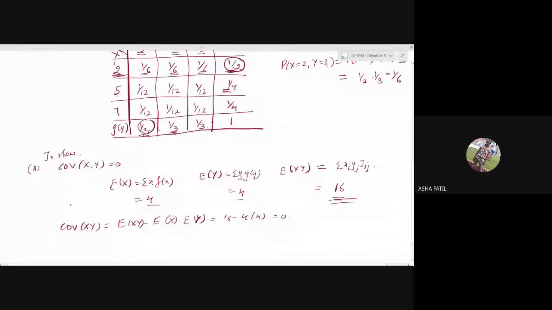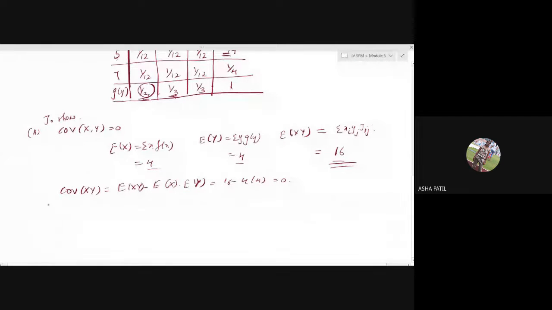One last question. Find the probability distribution of z equal to x plus y. How to go for it? What do you mean by probability distribution of x?